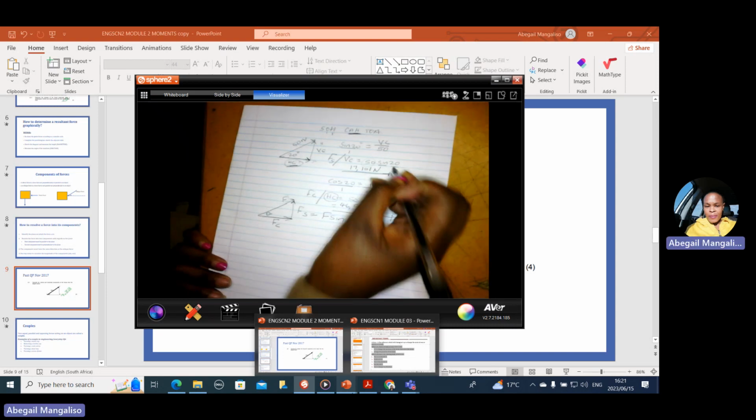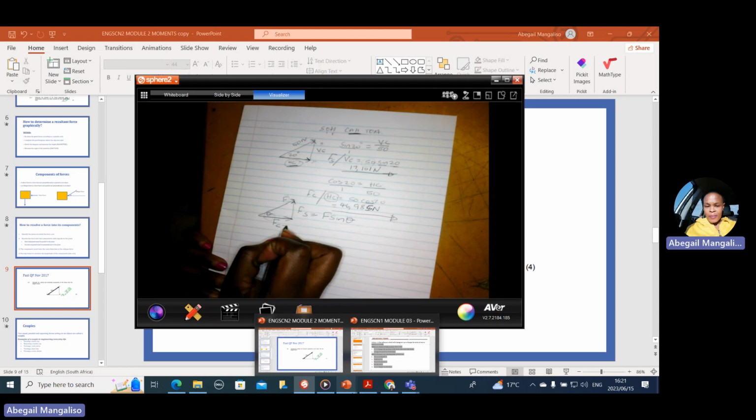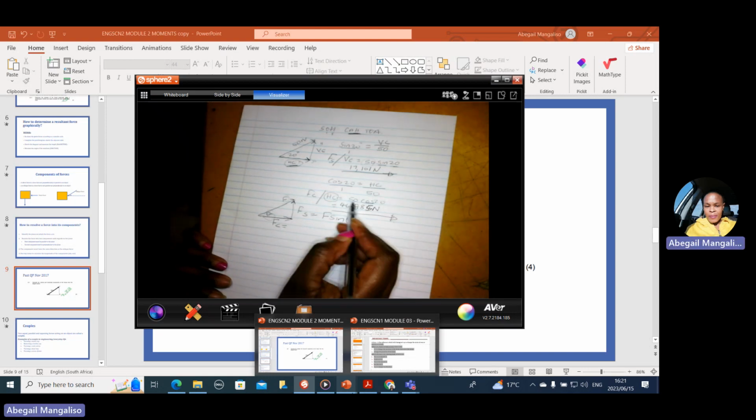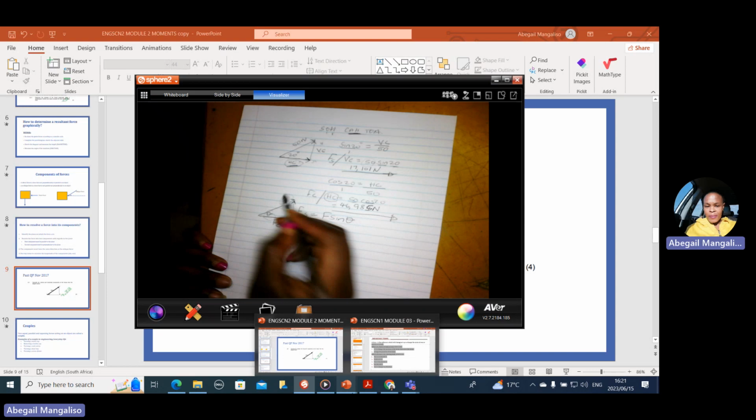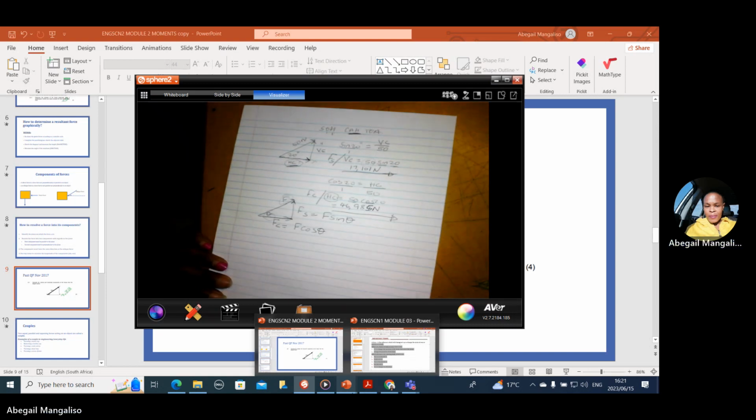Where there is 20 there, we have theta now. And Fc, where there is 50, is this F, so it will be F cos, where there is 20, there is theta. So these are the two components.